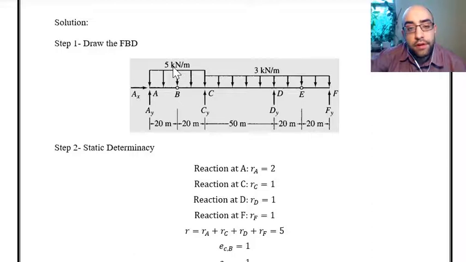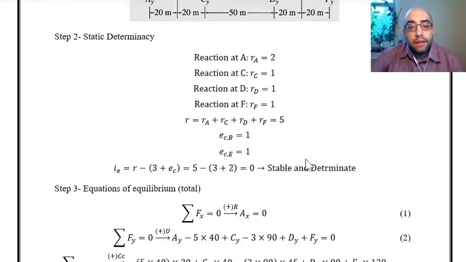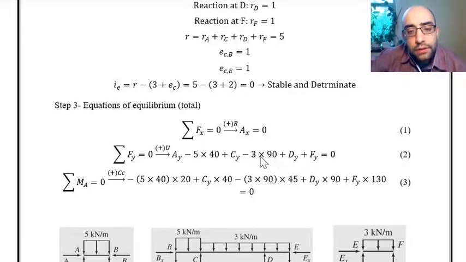So one of them will be 5 multiplied by 40, the other one will be 3 multiplied by 90, and those are calculated over here. AY minus the first uniform distributed load plus reaction at C minus the second uniformly distributed load plus DY and FY equal to 0. So this is just one equation. I have 4 unknowns and it is not going to help me.